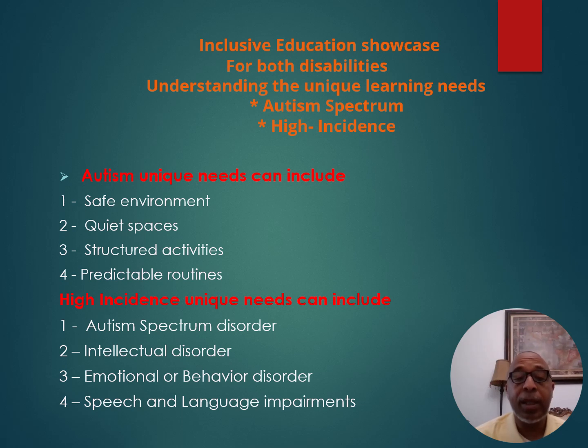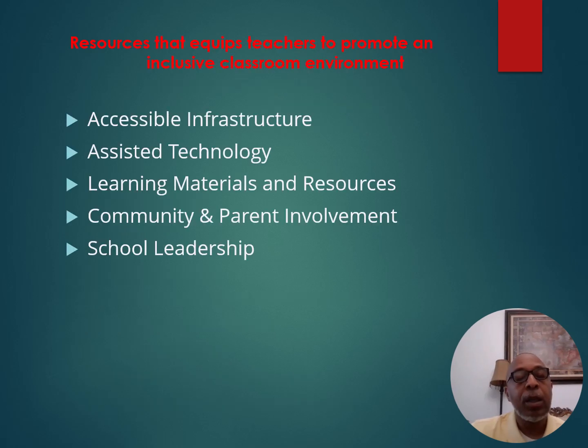As far as high incidence, unique needs can include autism spectrum disorder, intellectual disorder, emotional and behavior disorder, as well as speech and language impairment, which is something we'll talk about a little further as we get into the presentation. The resources equip teachers to promote an inclusive classroom environment.